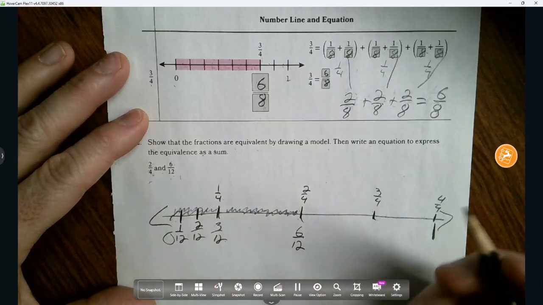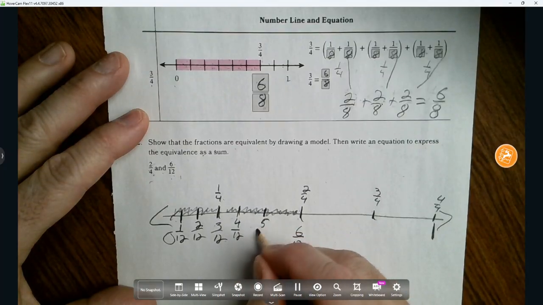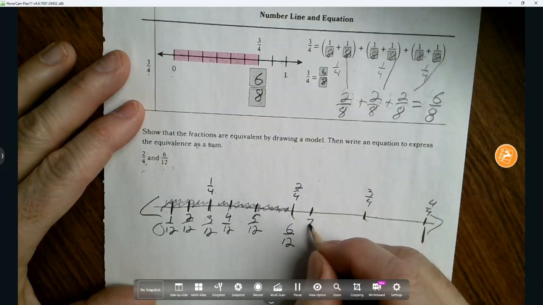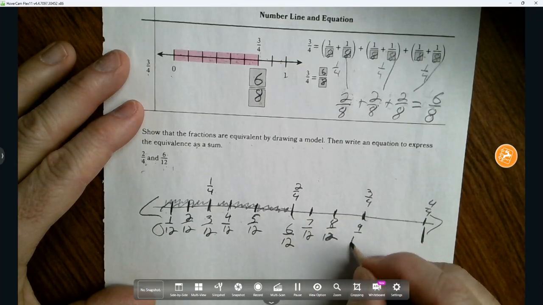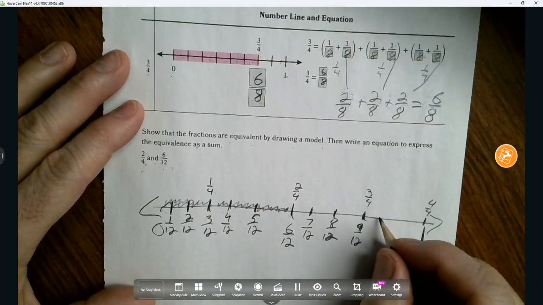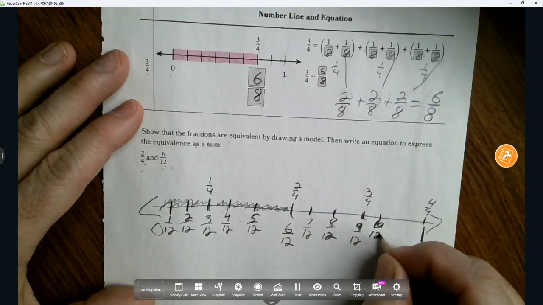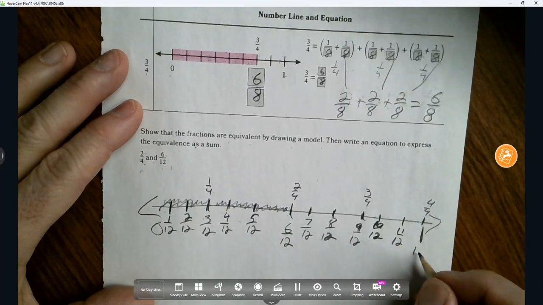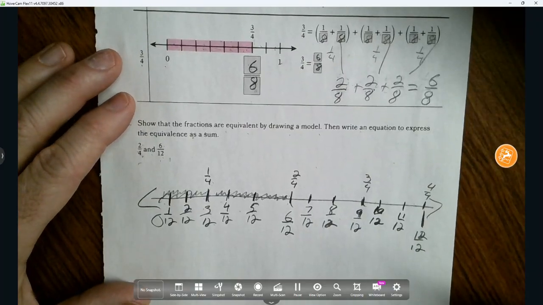So 3 12ths is the same as 1/4. 4 12ths, 5 12ths, and then we have 6 12ths. I'm going to go 7 12ths, 8 12ths, 9 12ths, 10 12ths, and I'm helping on this one because this one's a little bigger. 11 12ths, and then 1 is 12 12ths. Okay?